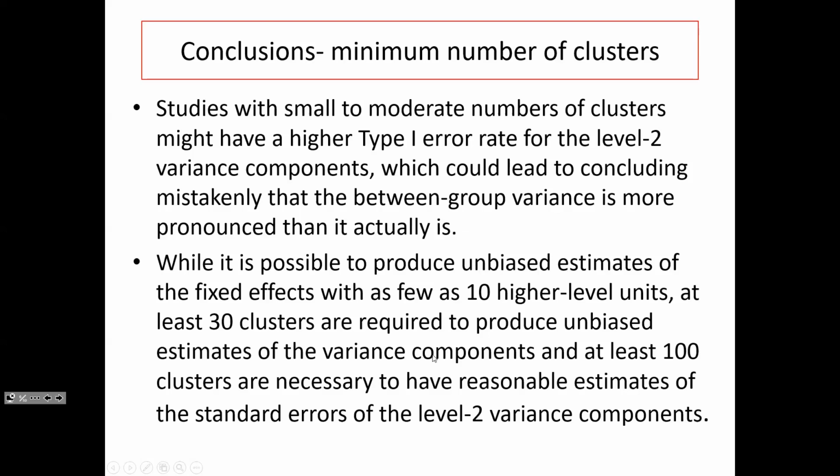But in growth models we care very much about those taus, the between cluster variance and the between cluster covariance. So we want enough level 2 units to estimate that well. As a rule of thumb, 50 is probably rock bottom minimum for standard growth models.